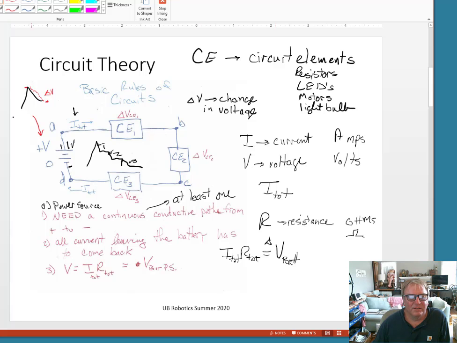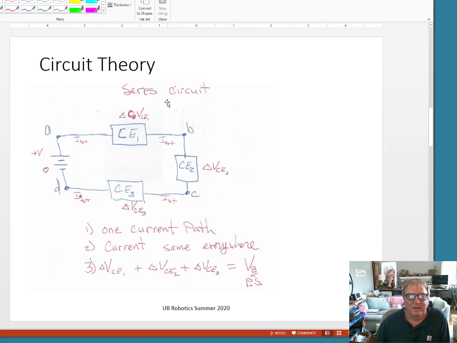So let's move on to the next one. Now it's the same drawing of the circuit, but now we're going to call this a series circuit. When we say the word series, then we're adding some extra conditions.